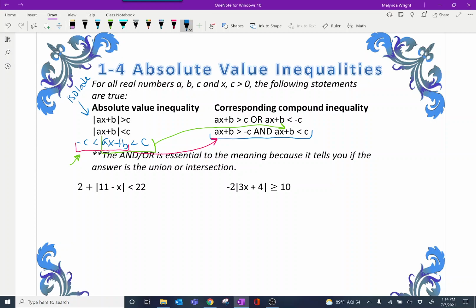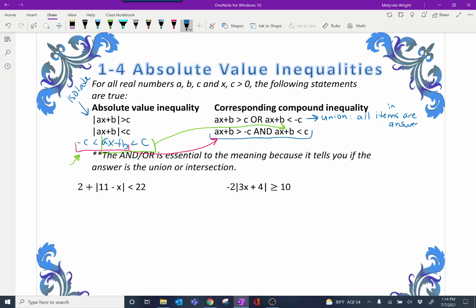So what is the big deal about the or and the and? Well, an or signifies a union, and a union is where all items in the solution are the answer.